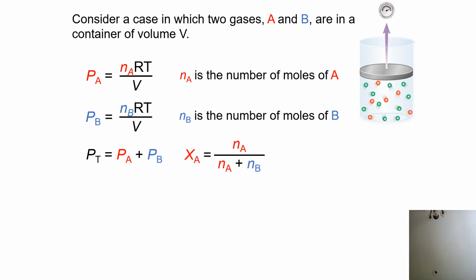And to calculate a mole fraction, we divide the number of moles of a component gas by the total number of moles present. So the mole fraction for A is the number of moles of A divided by the sum of the number of moles of A plus the number of moles of B. And likewise, the mole fraction of B will be the number of moles of B divided by the total number of moles.